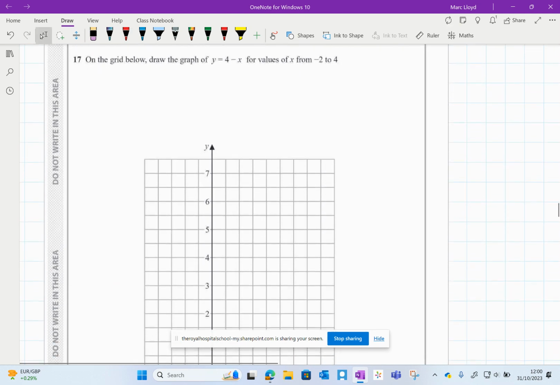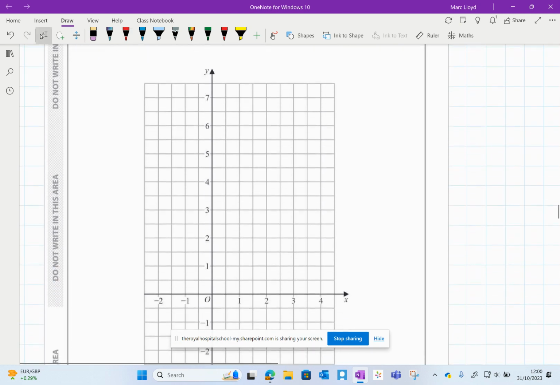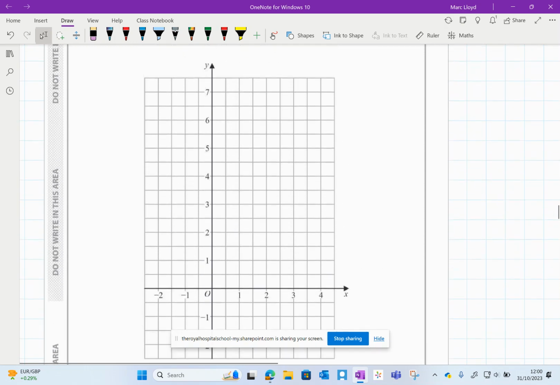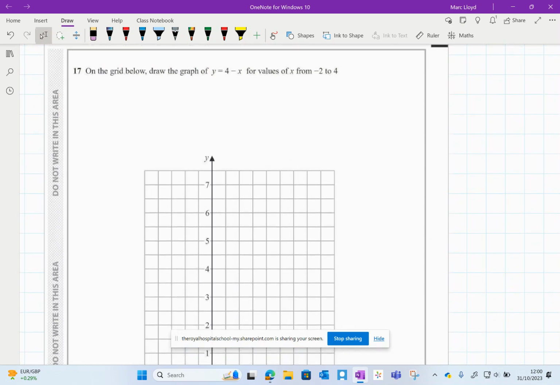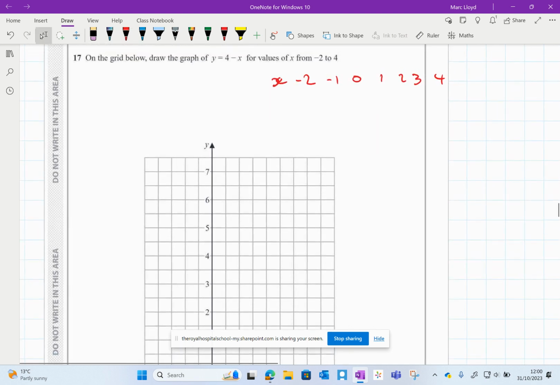Question 17. On the grid below, draw the graph y equals 4 minus x. Oh, they've not given us a table. Why? Okay. Well, x equals, so minus 2, 0, 1, 2, 3, 4. Easiest one to do 0 here. 4 minus 0 is 4. That's my y values. 4 minus 1, 3. 4 minus 2 is 2.